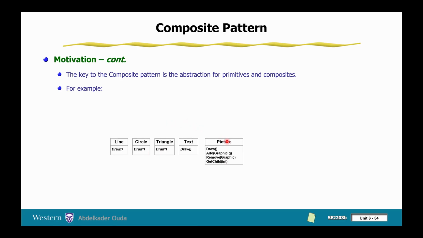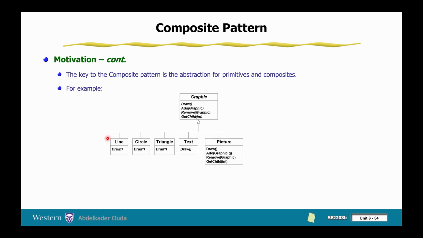How can we do that? Combine all of them in one abstract class. In this example, I'm calling it Graphic, and it represents here that common interface which each of these subclasses needs to implement. So I'm going to build that inheritance.